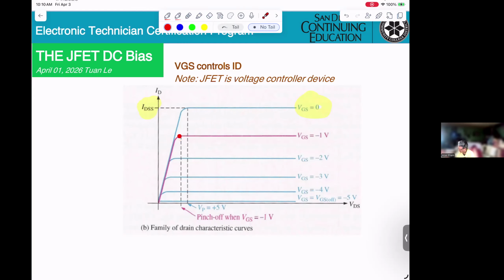To get the VGS for this point, you go here, minus 1 volt. If you want the ID, you go to the left side.